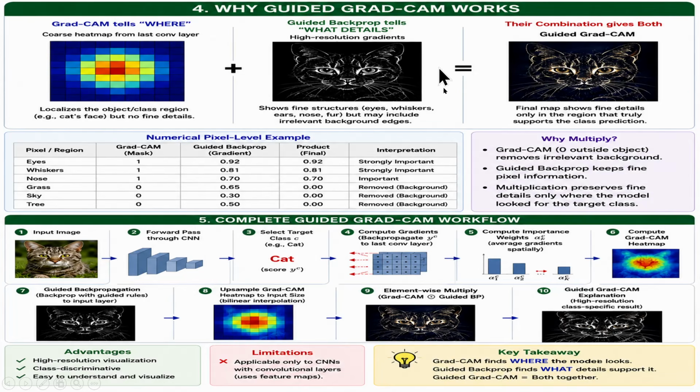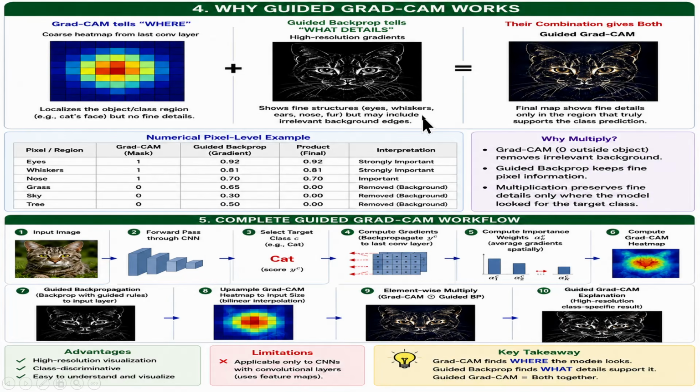Now, why should we use guided GradCam? Because GradCam tells us where, meaning where our model has looked to perform prediction. Guided backprop tells what details. These are very sharp edges, and when you combine both, it looks better.